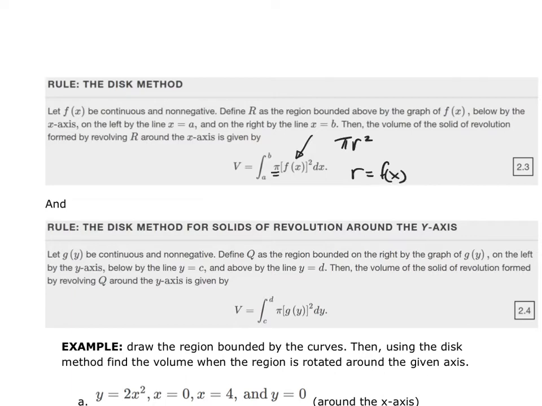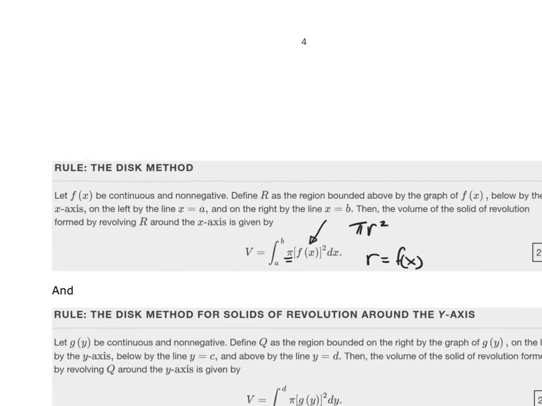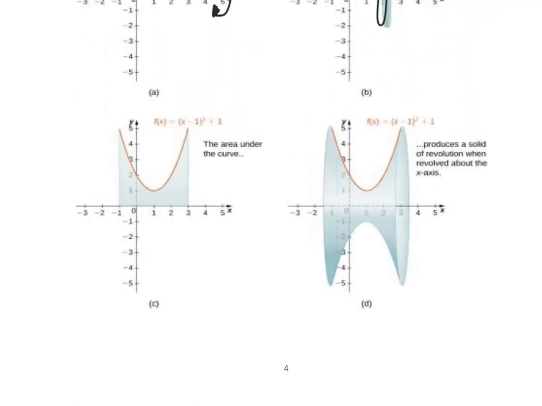R is the height at any given time. Let me go back and show you. This would be one of the r's that's given. Here would be another r that's given. So your radius is going to be your output at any given point.